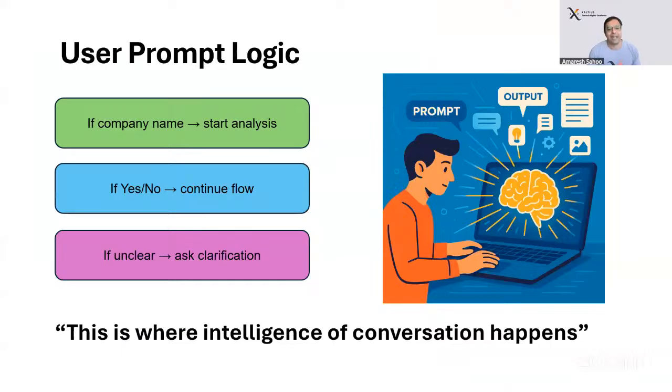Suppose, for example, the user is giving the name of a company on which they want to research. It will take in that data and use the user input, for example, yes or no, clear, unclear, and it will clarify. And the user prompt, if defined properly, is where the intelligence of the conversation happens.